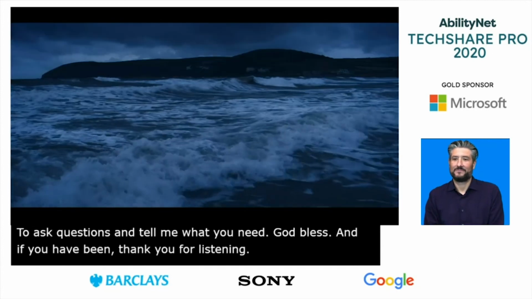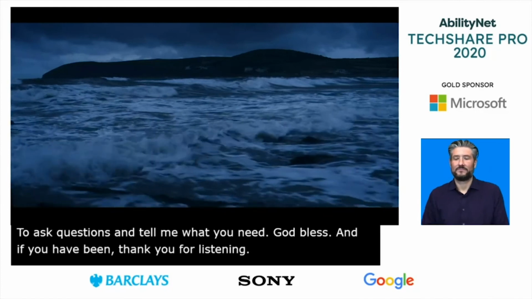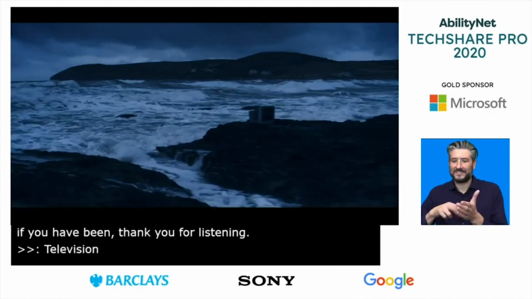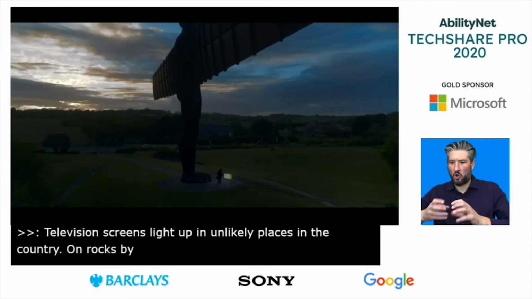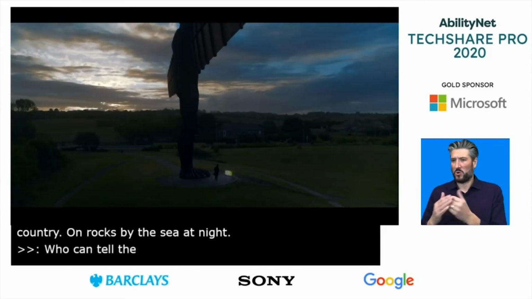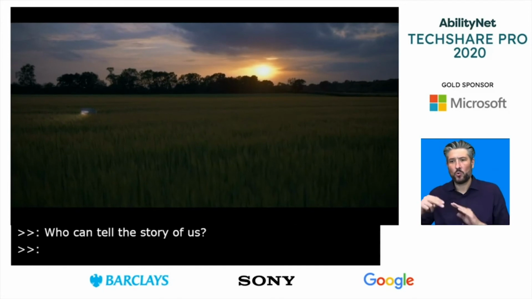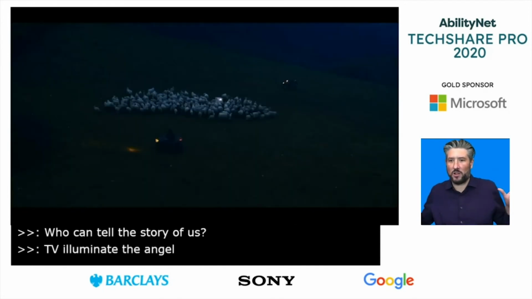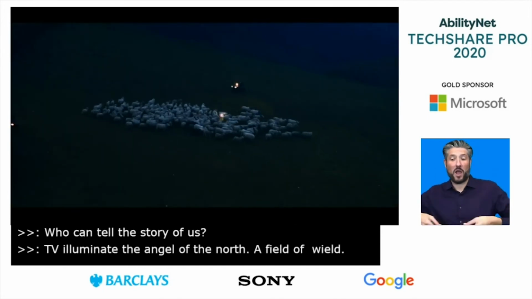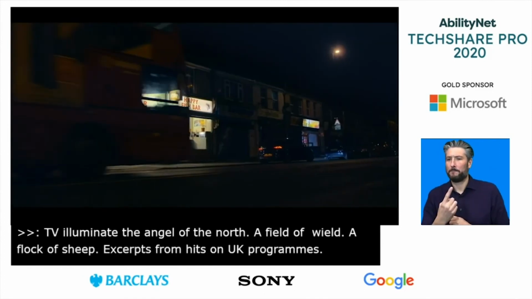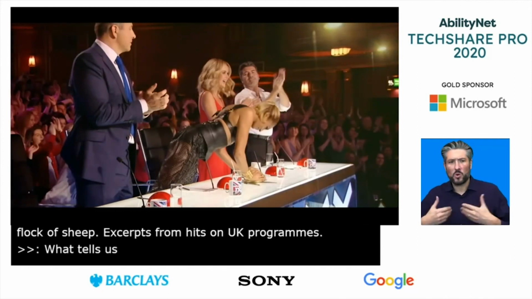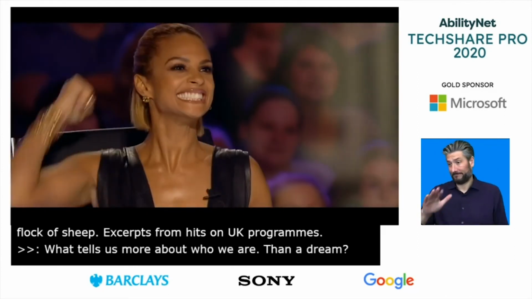Television screens light up in unlikely places up and down the country, on rocks by the sea at night. Who can tell the story of us? More TVs illuminate the Angel of the North, a field of wheat, a flock of sheep and a fish and chip shop on a high street. Excerpts from hit UK programmes. What tells us more about who we are than a dream? Britain's Got Talent on ITV.